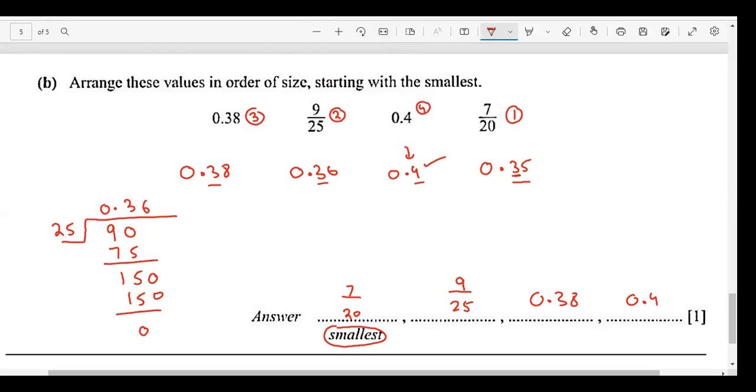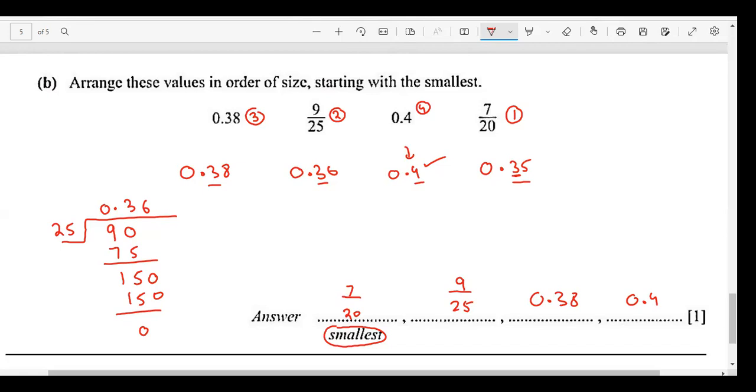Okay, so I'll quickly sum it up. In this class, we have discussed ordering. It could be ascending, it could be descending. For now, we have just seen the ascending examples. I'm sure that most of the times the examiner would be asking you to write it down from the smallest to the largest.